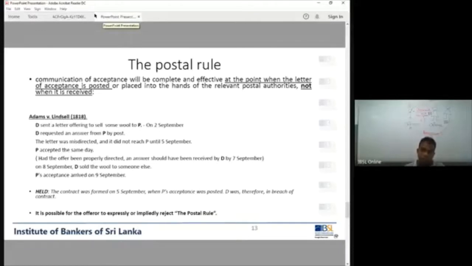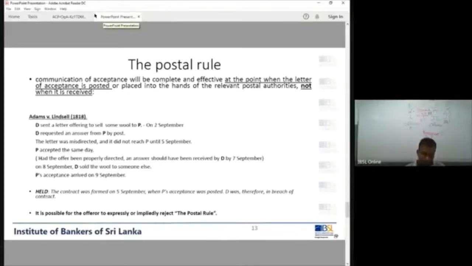So in a situation like that, what is the principle? What is the law applicable? So this is the principle applicable in a situation like that. When the offeree sends the acceptance by way of a postal letter, the postal rule applies, right?